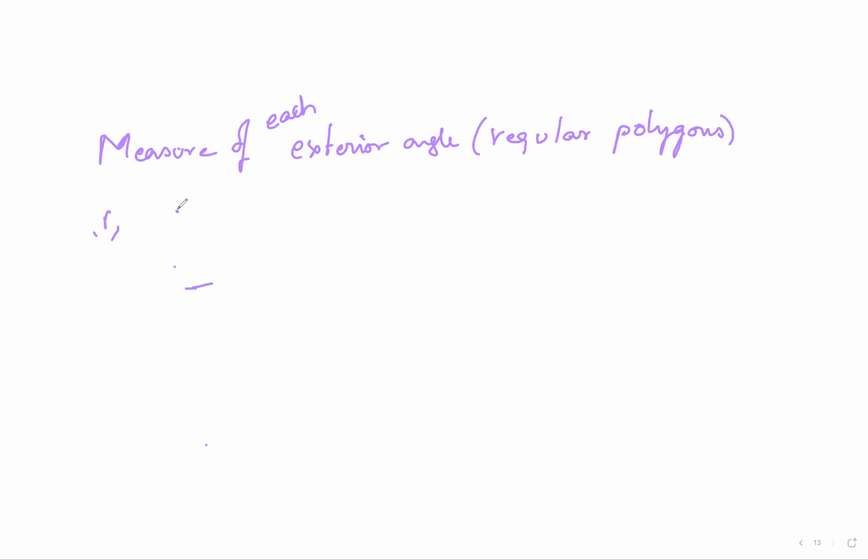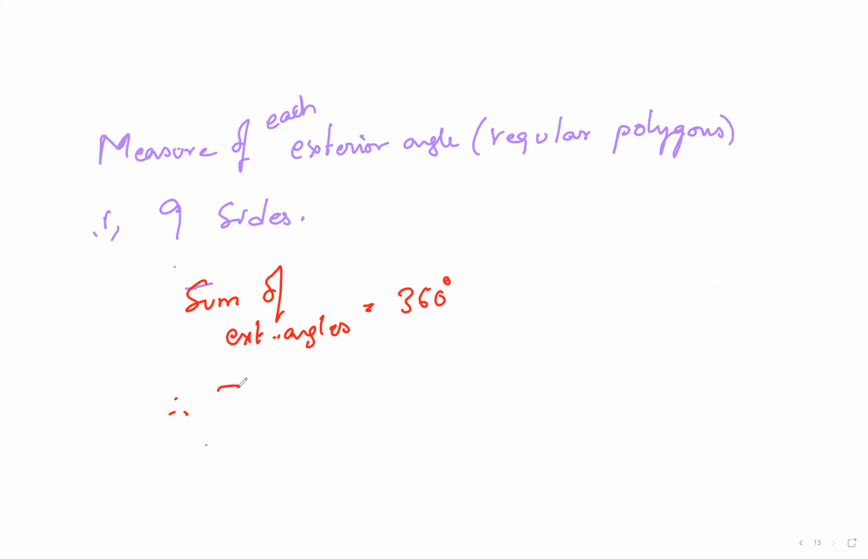For the first one, he has given 9 sides. Okay, my dear students, what is the sum of exterior angles? Sum of exterior angles is equal to 360 degrees, right? Now 360 is equally divided among 9 sides.